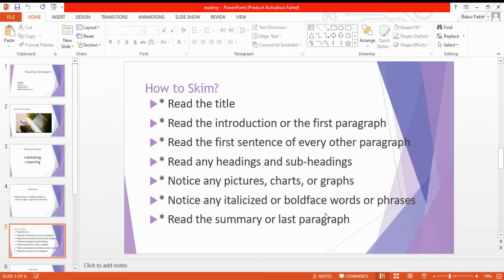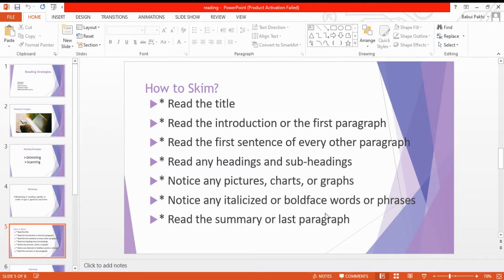If a reader reads the very first sentence of a paragraph, he or she can easily understand the main theme, main topic or main idea of that paragraph. So if you read the introductory sentence of every paragraph, you may get an overview of each paragraph. Then read any headings and subheadings.